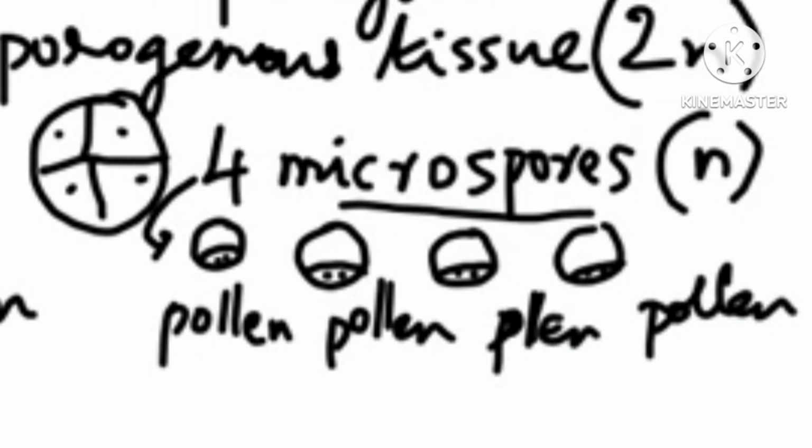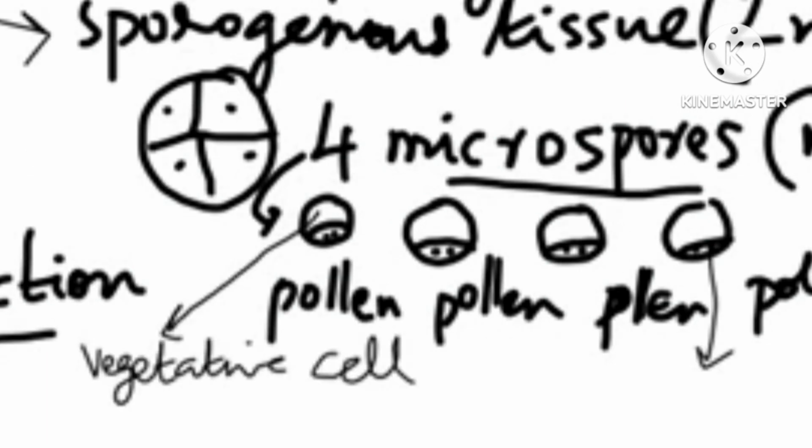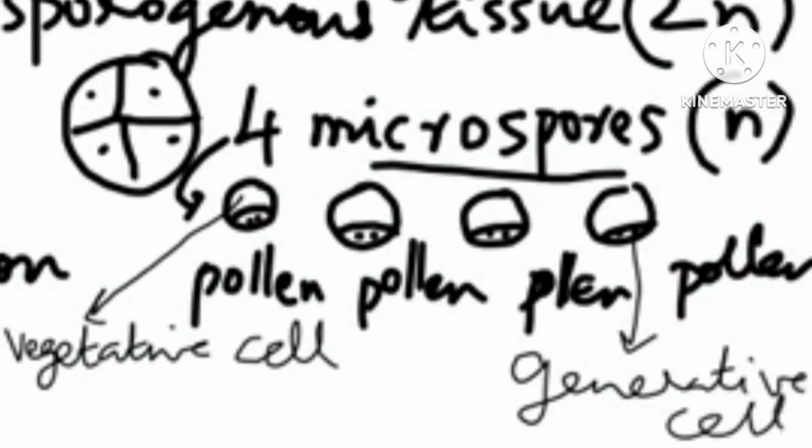What is the large cell called? And the small cell is called what? Yes, very good. The large cell is called the vegetative cell and the small cell is called the generative cell.